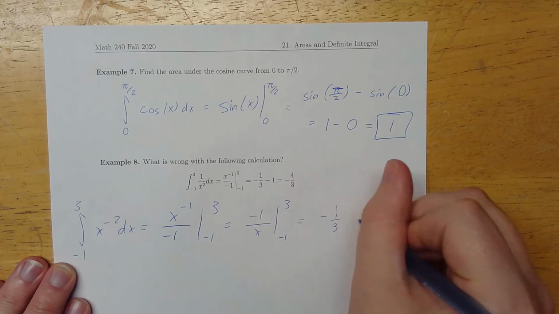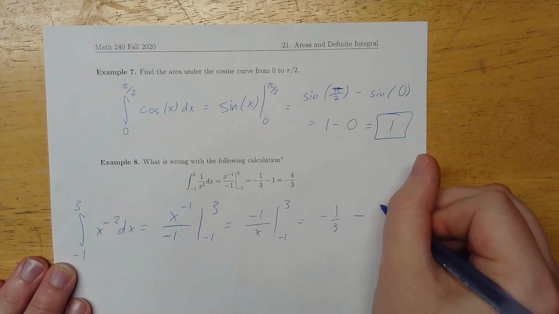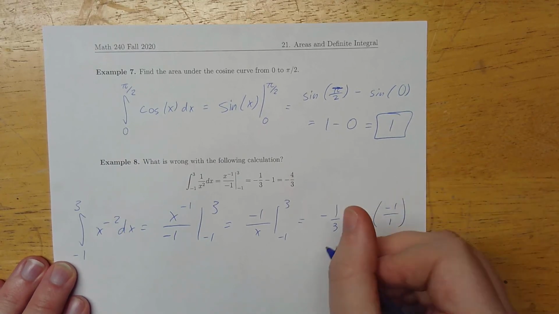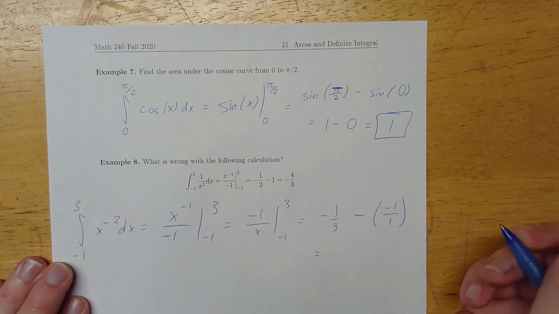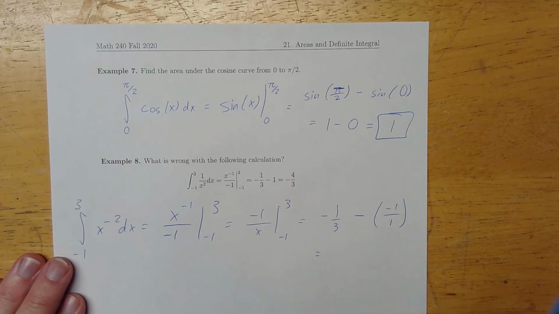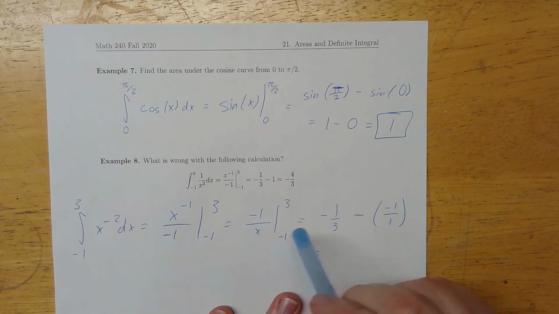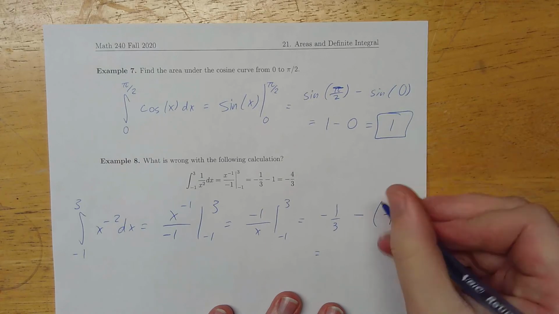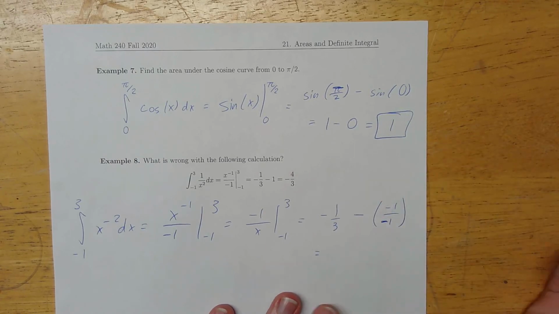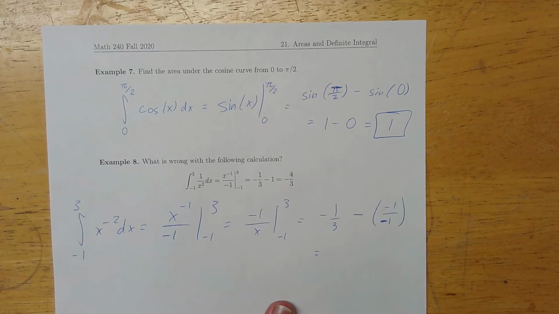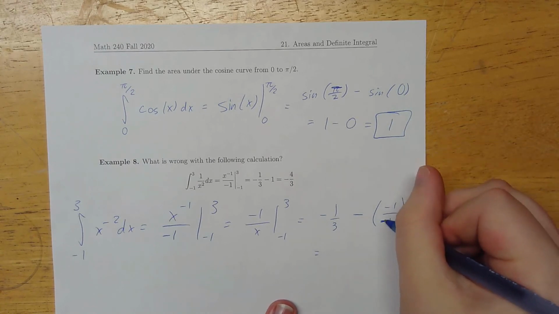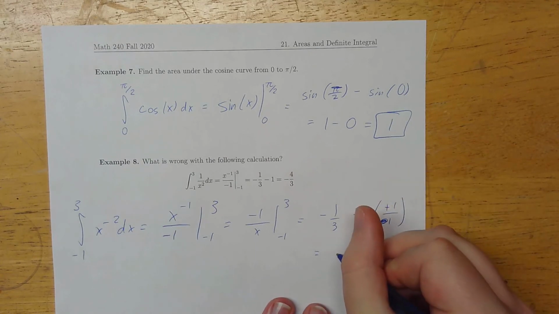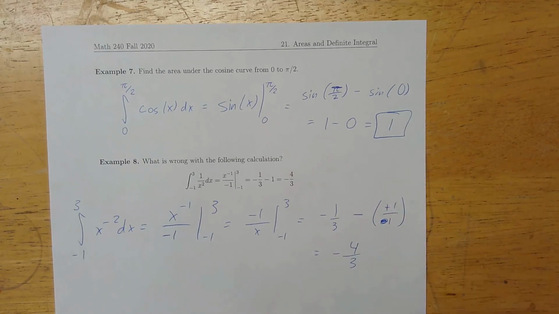It'll be -1/3 minus -1 over 1, which would be, wait a minute, just want to make sure I did that right. So we've got -1 over 3 minus -1 over -1. That was it. That's where I made the mistake. So negative, negative become positive, and minus, so it'll be minus. So we'll get -4/3.